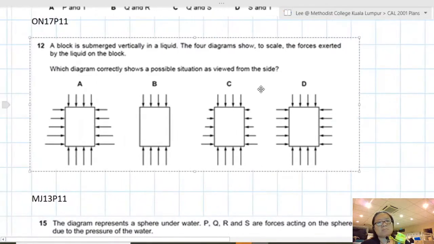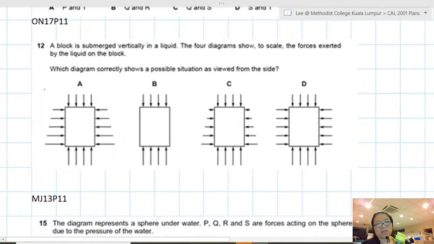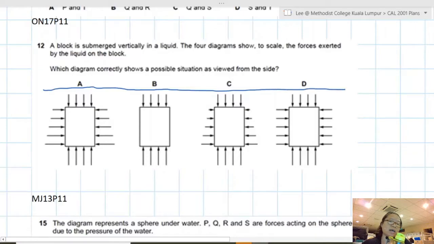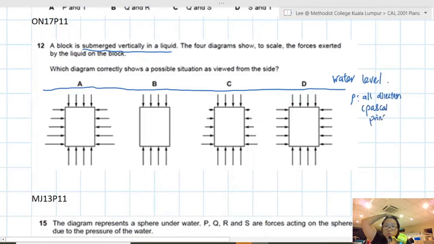Here you can see a block submerged vertically in a liquid. We're going to assume that all blocks are at the same depth. This is the water level. We know that the deeper you go, the higher the water pressure will be because you have more water on top of you pressing down against you.